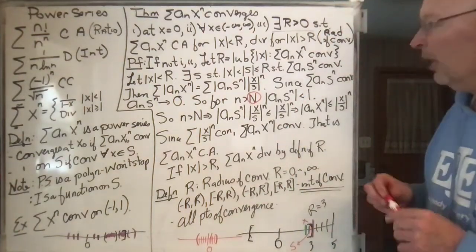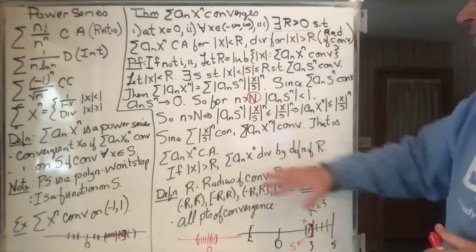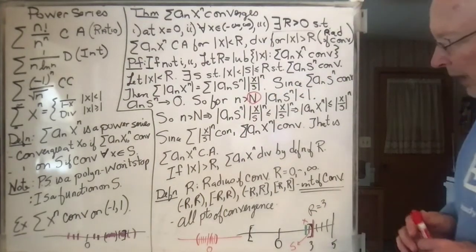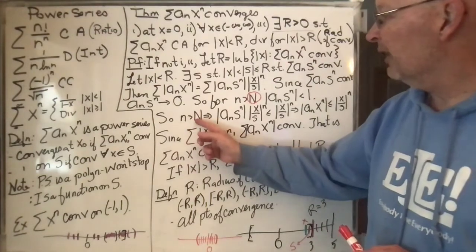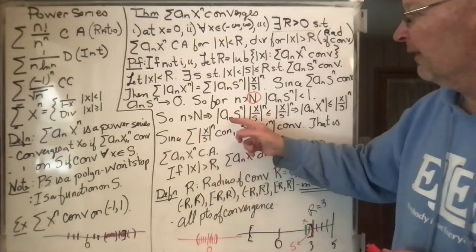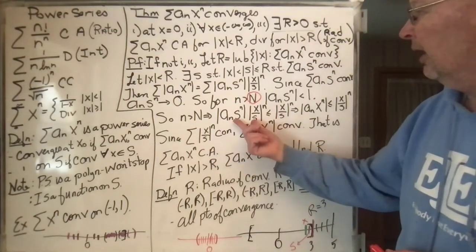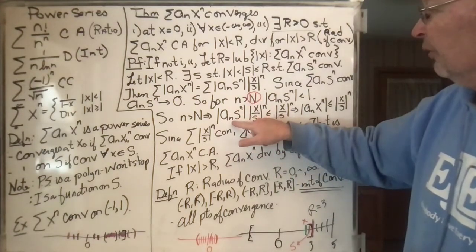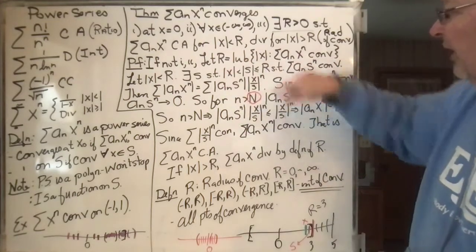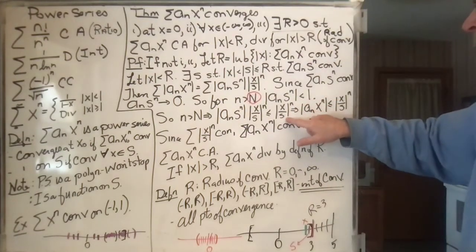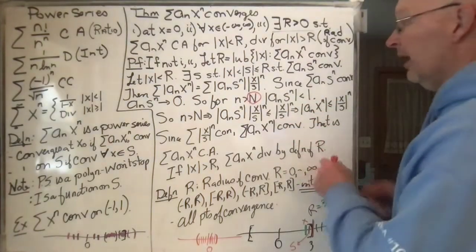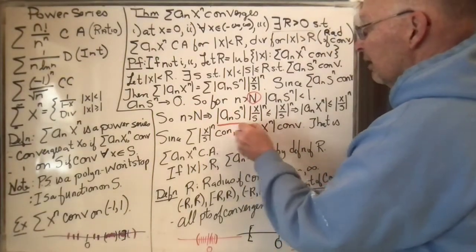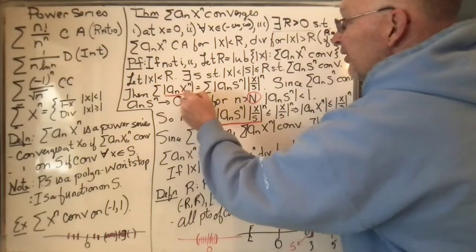Okay, so that's why I like this proof, because it kind of reinforces all these things that we've been learning all along. Okay, so for n greater than N, what do we have? We have that these things are all less than or equal to 1, so this thing here is going to be less than or equal to this, and this thing right here is equal to this.